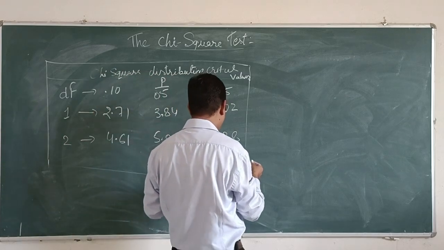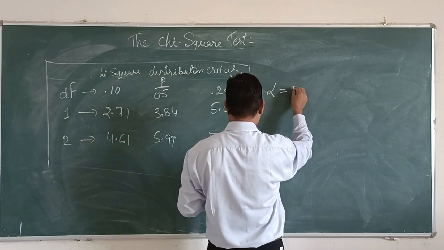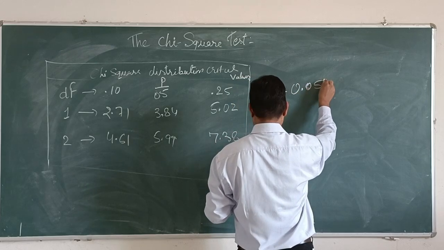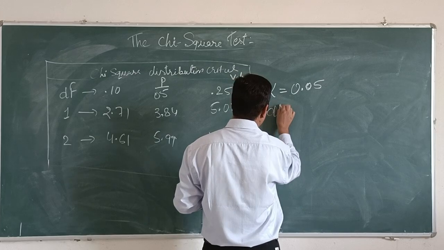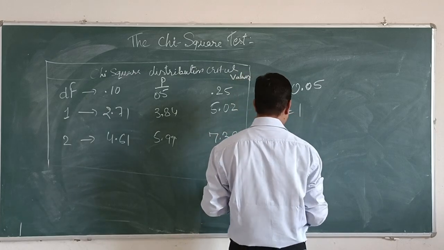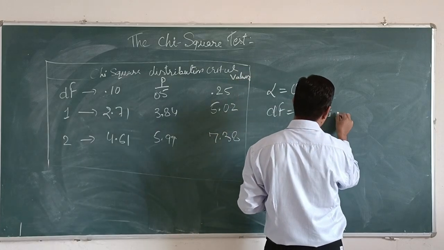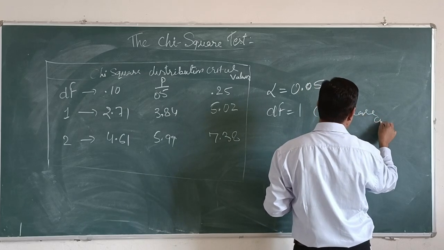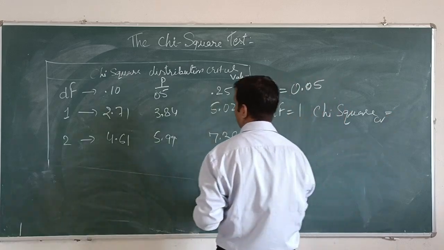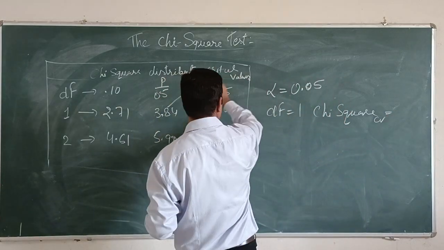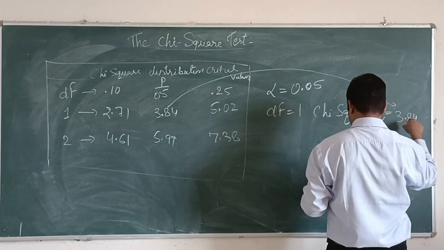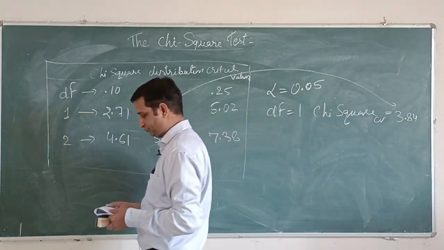Okay, from that we can say the alpha value is 0.05, and for that df value is 1, where the chi-square critical value is 3.84.